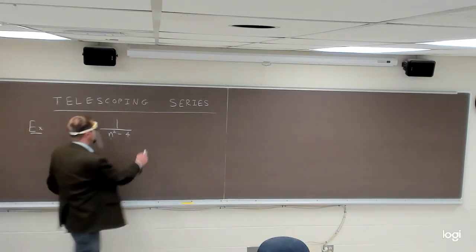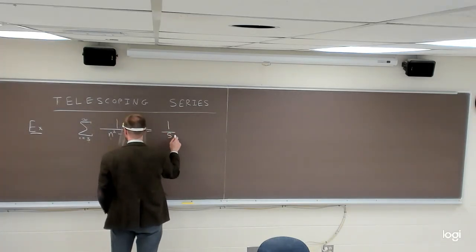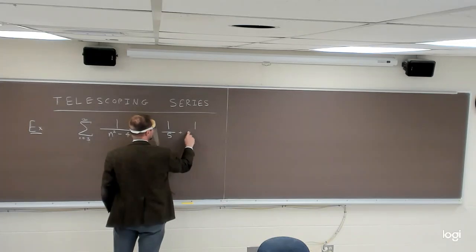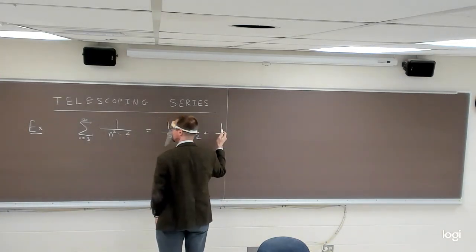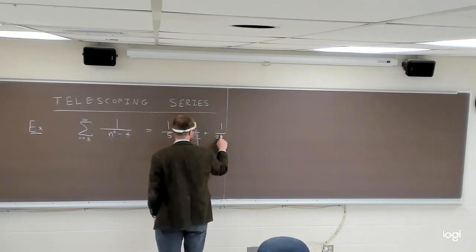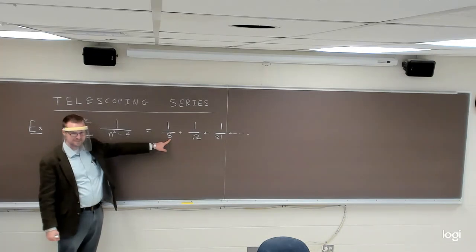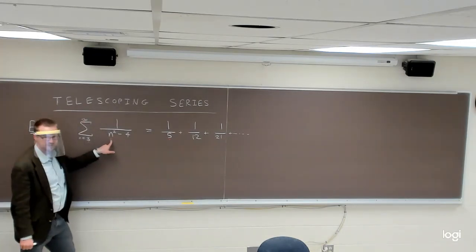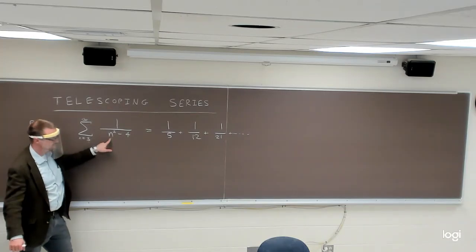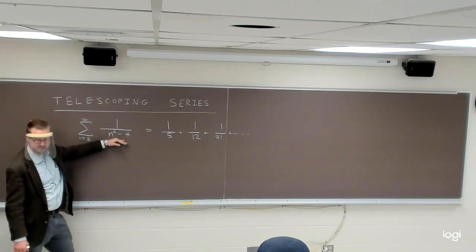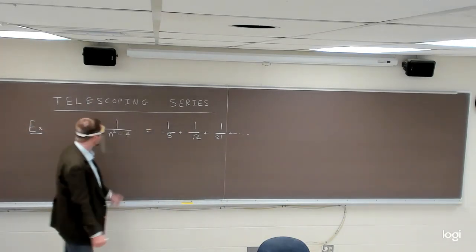So I could compute a few terms here. 1/5, that's 9 minus 4, plus 1 over 16 minus 4, plus 1 over 25 minus 4, and so on. If I started here, I would need to do some work to get here, but a plain vanilla version where I'm not making you be crazy clever, I'll give you a formula like this. So you don't have to notice the pattern in the denominator. Just have to figure out what to do.